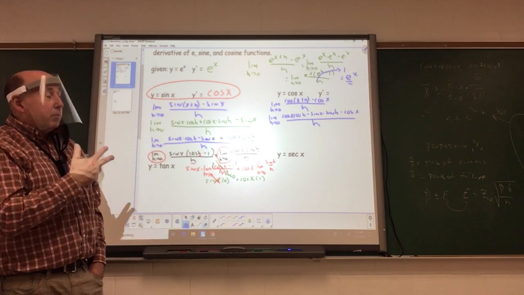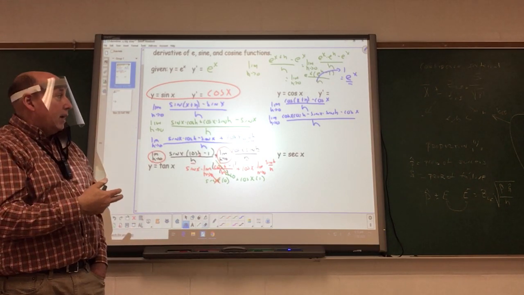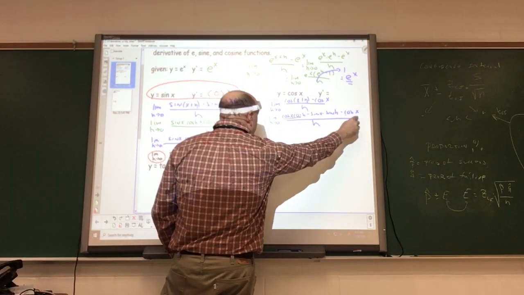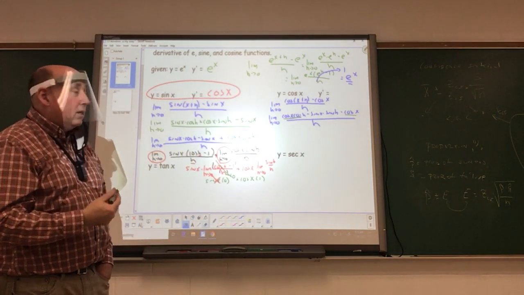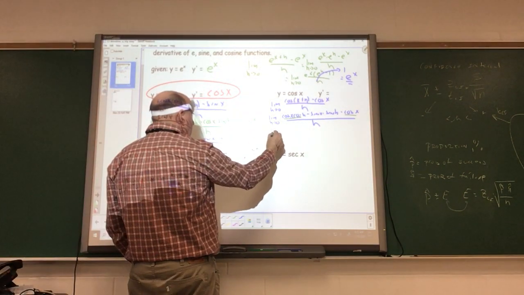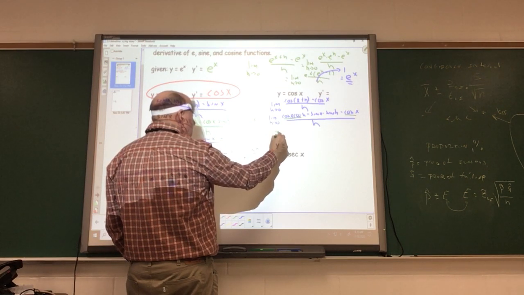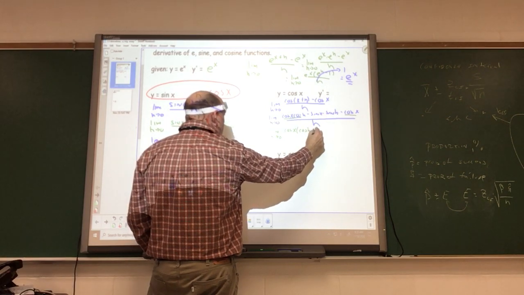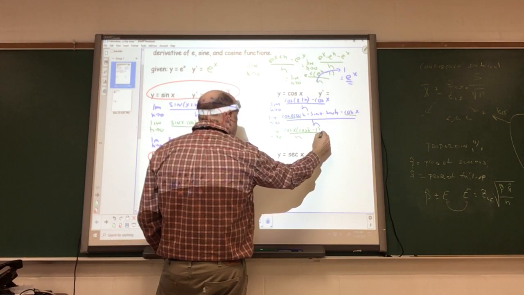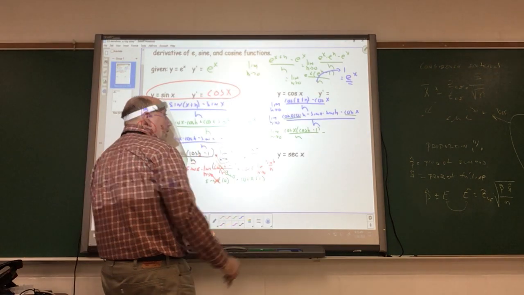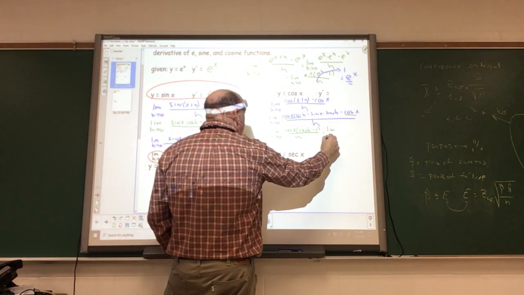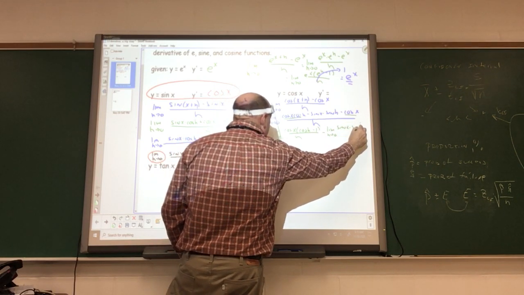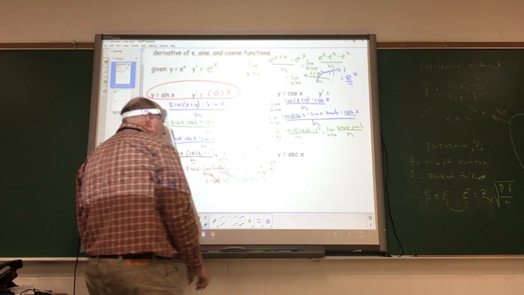And once again, we can group these together, factor out your cosine of x. We're left with the limit as h approaches 0 of cosine of x, cosine h minus 1 over h, minus the limit as h approaches 0 of sine x times the sine of h all over h.